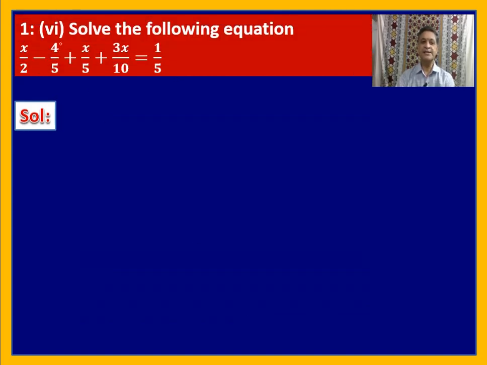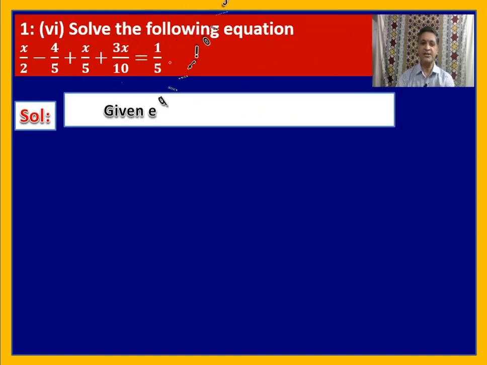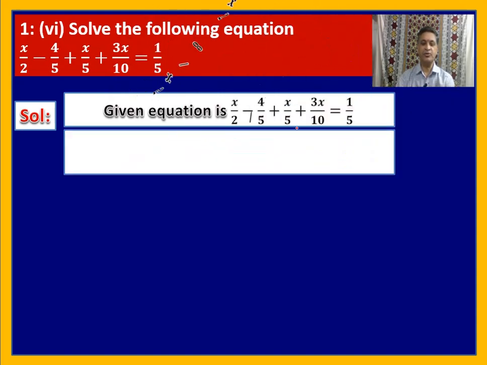Now move to 6th Roman in first problem. Solve the following equation. x by 2 minus 4 by 5 plus x by 5 plus 3x by 10 is equal to 1 by 5. All the variable terms and one constant term are in the LHS and one constant term in the RHS. So by simplification you take LCM for 2, 5, 5, 10.